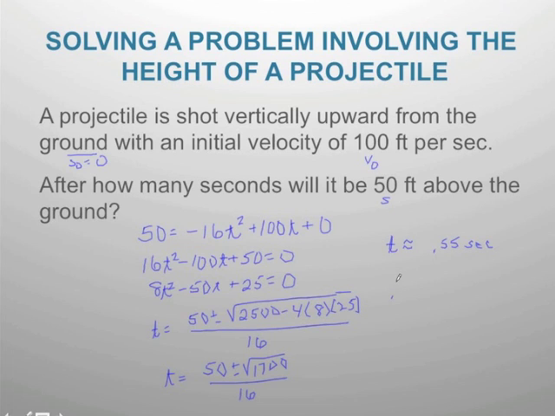And with the adding, the second answer, t is approximately 5 and 70 hundredths seconds. Now, why do I get two answers? I get two answers because as I shot this up, if this is my 50 feet, it went past on the way up and past on the way down. So that's why I would have two answers for this equation.